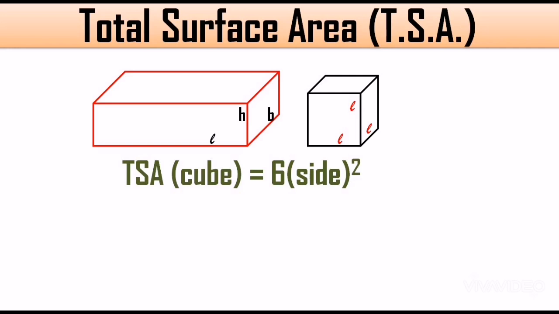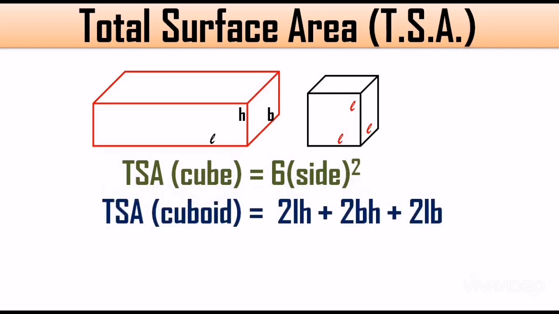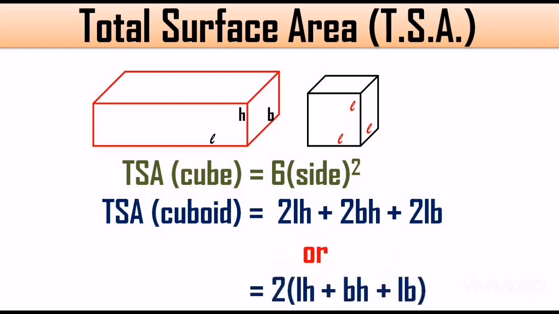So in short, the TSA of a cuboid is nothing but 2LH plus 2BH plus 2LB. As every term in this formula has 2 in common, we can take out the 2 as a common factor, and the formula will be LH plus BH plus LB, the whole multiplied by 2. I hope you have recalled this formula, because last year we had done this.